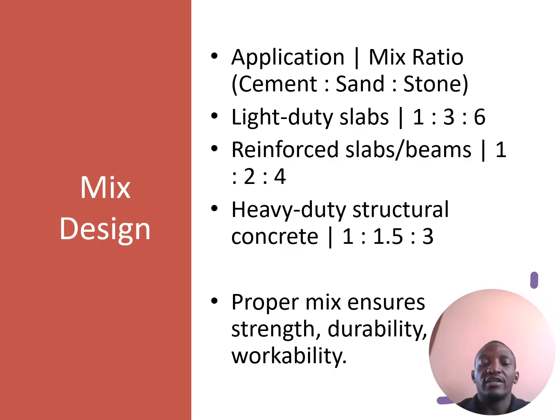For heavy duty structural concrete, it's going to be 1 to 1.5 to 3. In that case, it's going to be 1 cement, 1.5 wheelbarrow of sand, and 3 wheelbarrow of stone for heavy duty structural concrete.